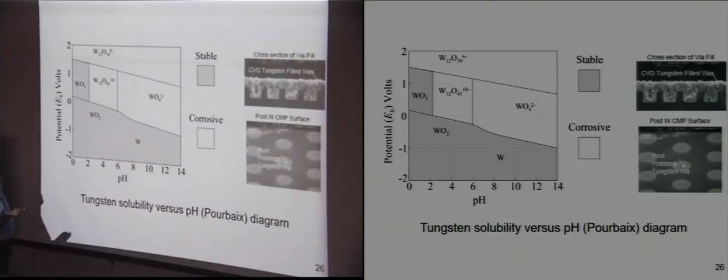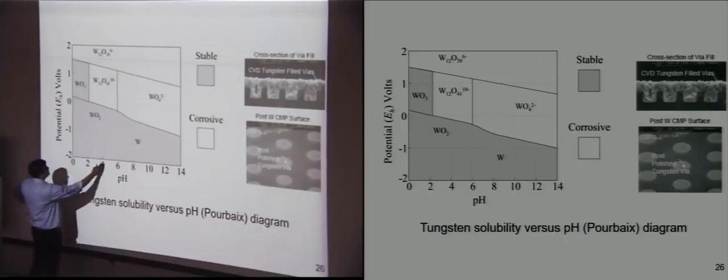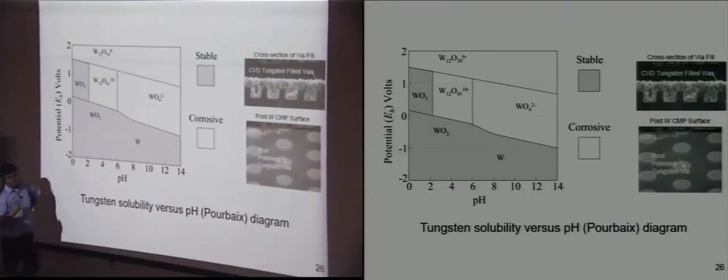Because the tungsten oxides WO2 and WO3 are very stable and won't get etched away in the solution, you have to use pHs which are very low, such that when the iron nitrate is oxidizing the tungsten, it forms this harder to solubilize tungsten oxide.